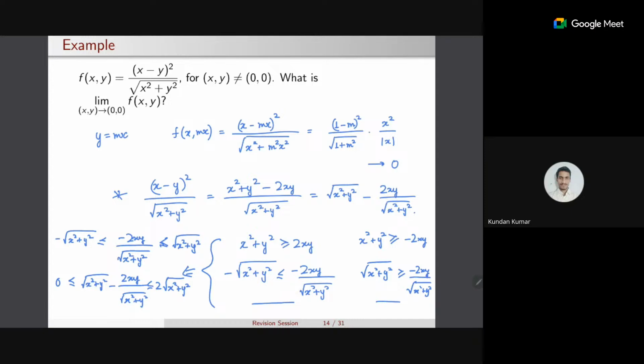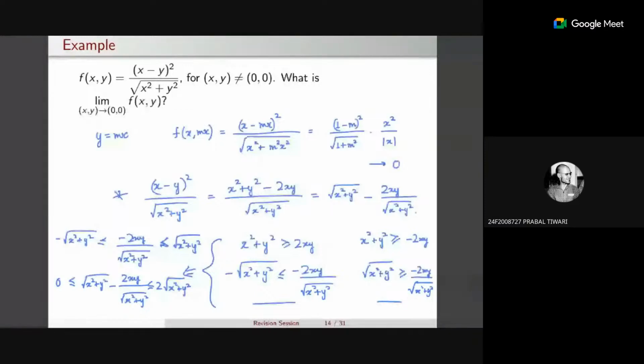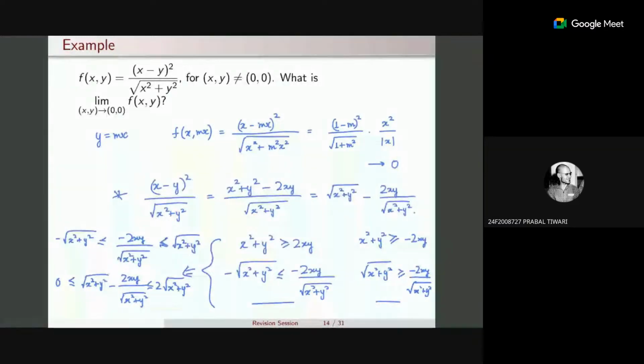Is this clear? Yes, sir. Now can we use the sandwich principle? This part goes to 0 as (x,y) goes to (0,0), just directly by substitution. This part is identically 0.